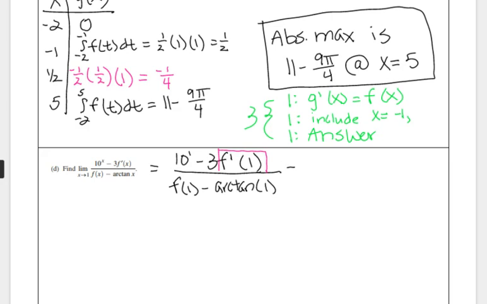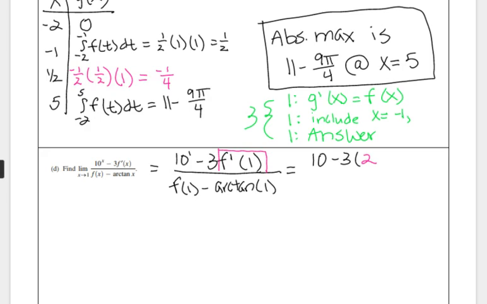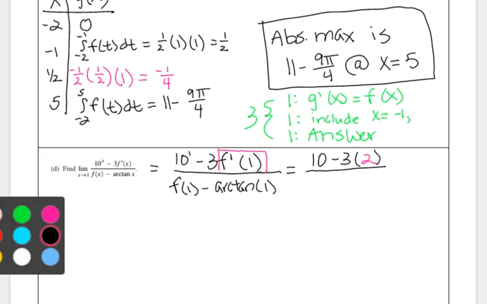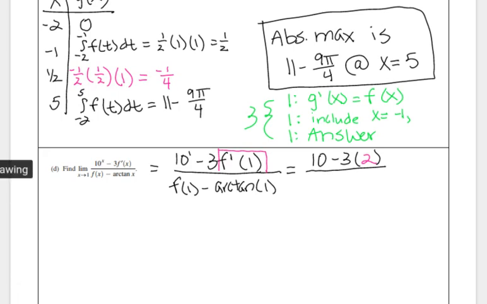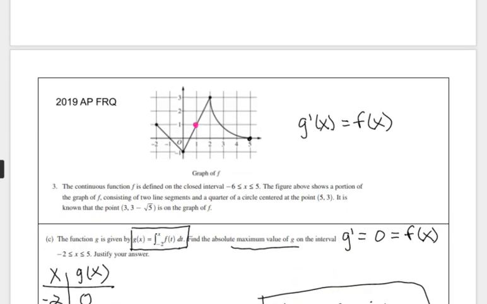So on the top here, we just get 10 minus 3 times 2. And then all over, we need f of 1, which is just a function value at 1. So the function value at 1 is just 1.